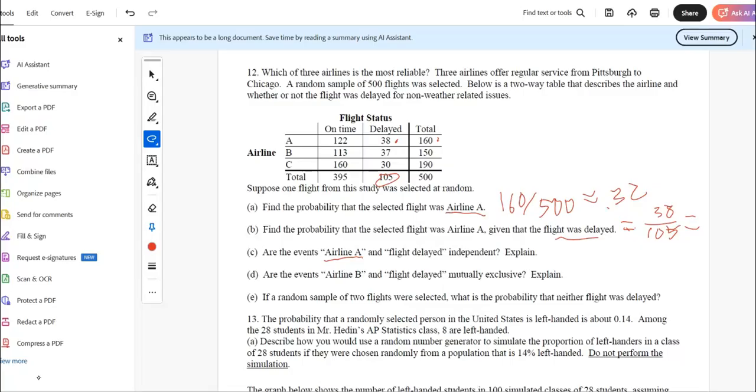Airline A would be, well, we got that's 0.32, right? And we already did the work for that. Should equal, I'm going to say it in words first, the probability of B, or delayed, given that A has happened.